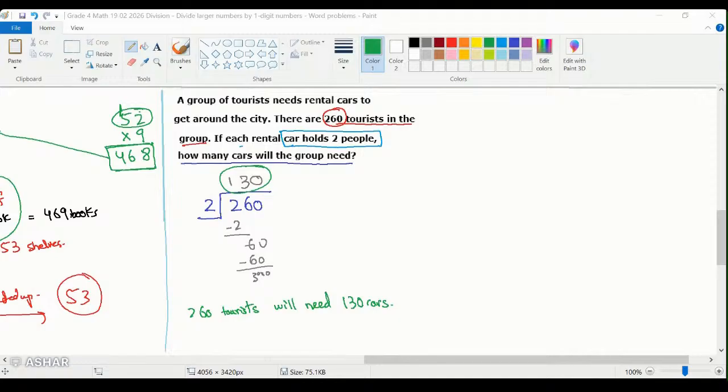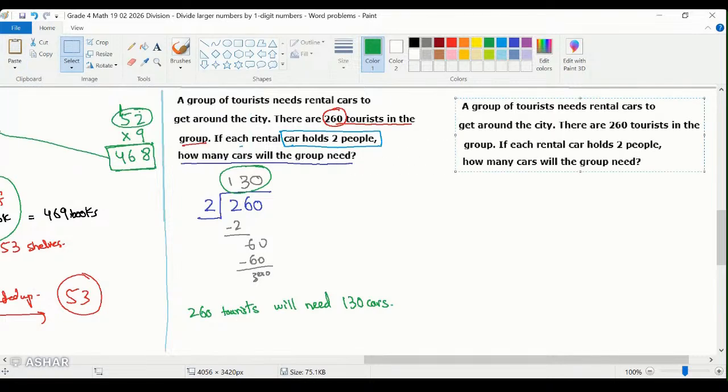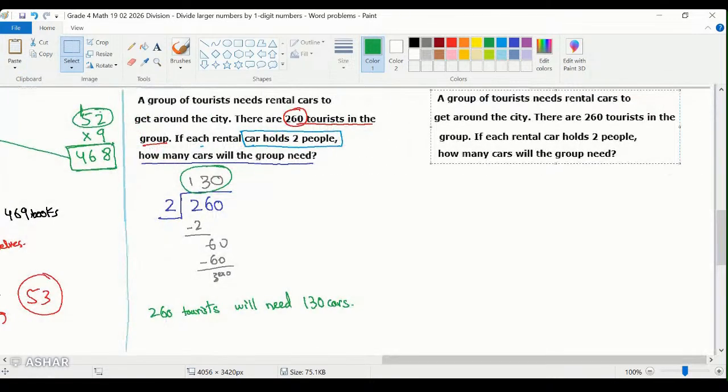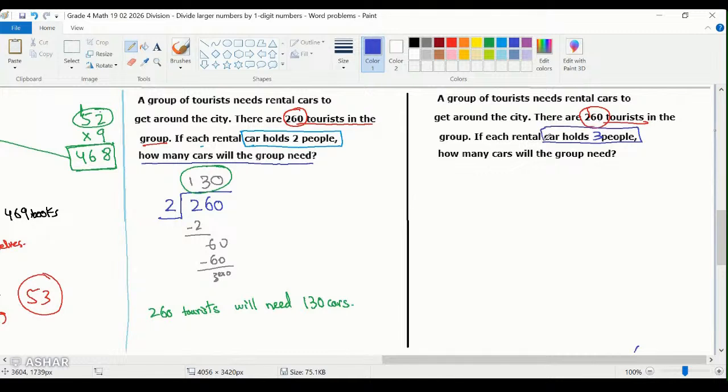Perfect. But if I give you the same question and I change one value in the question, okay? We are doing the same question, but we are trying to make some changes. The starting statement stays the same, 260 tourists. The only change I'm trying to make is if each car can hold 3 people. In the previous question, each car was holding 2 people, so we needed 130 cars, right?